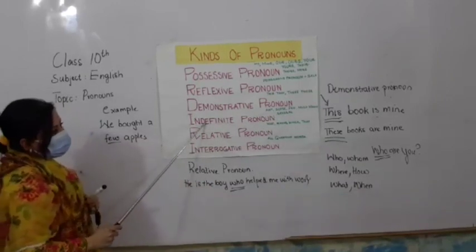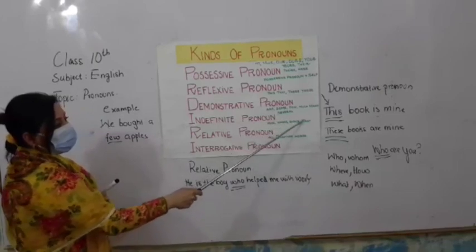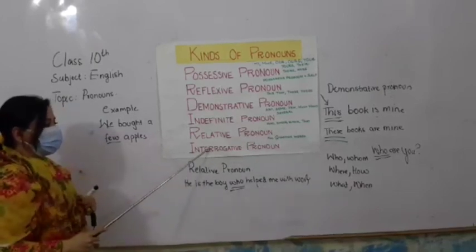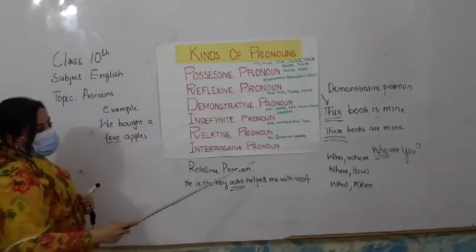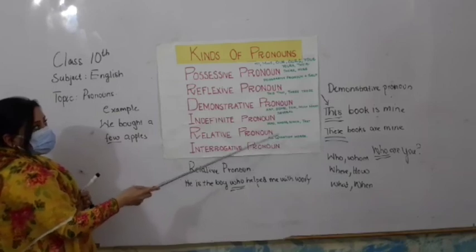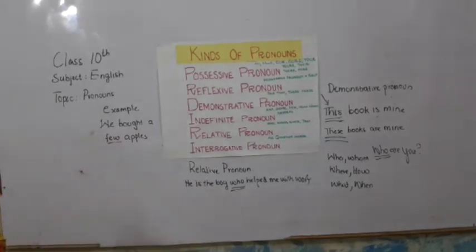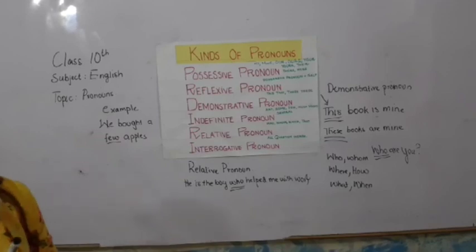Then we have relative pronouns, which are who, whose, which and that. The last and final one is the interrogative pronoun, which has a question word in it. So today's lesson was about kinds of pronouns, and I hope all of you understood something and try to take benefit out of this lesson.